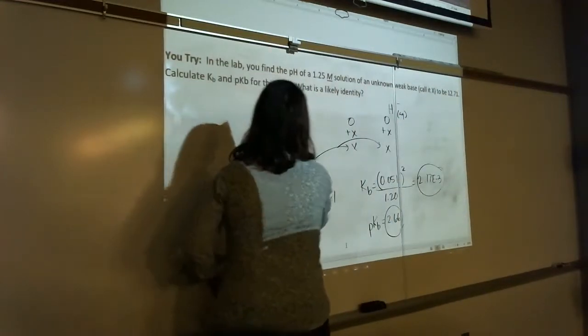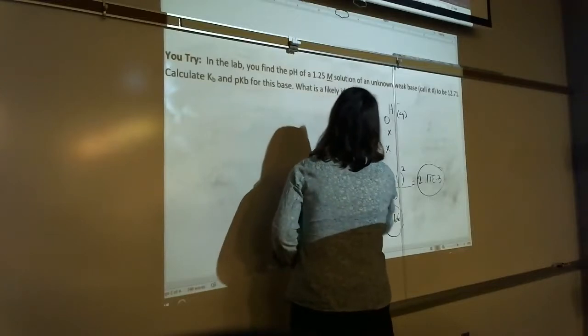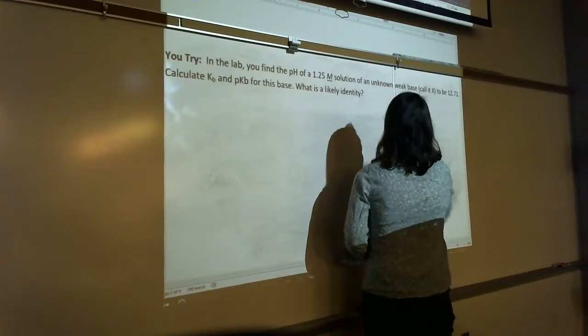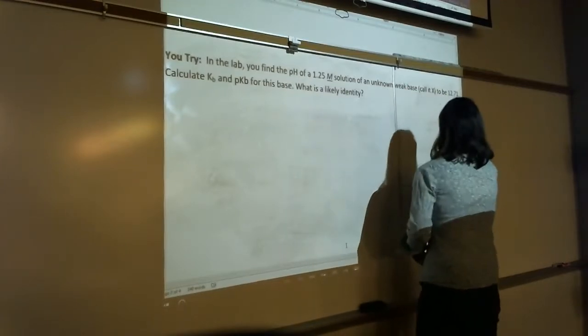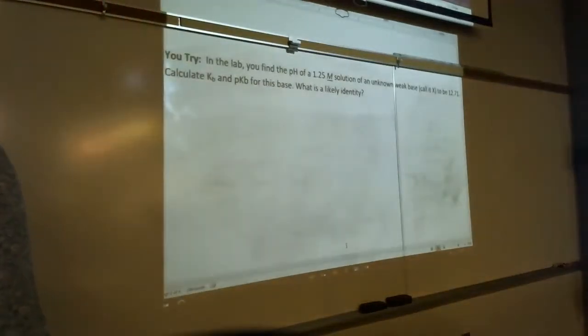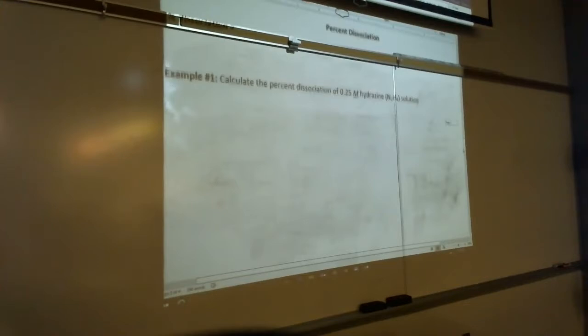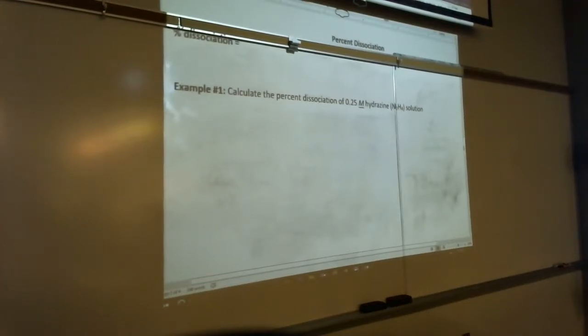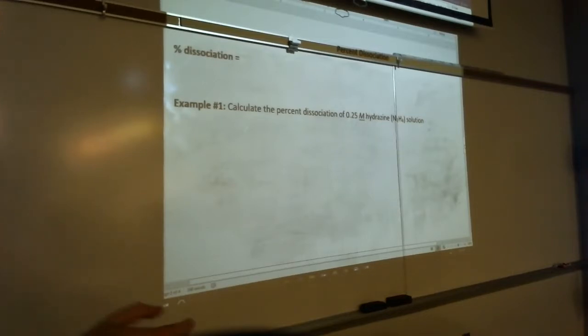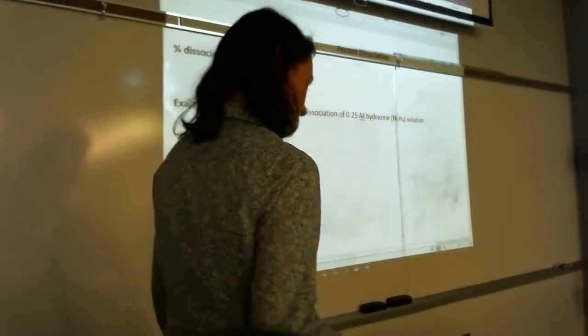All right, let's move on to percent dissociation, because if we can calculate percent dissociation for an acid, we can calculate percent dissociation for a base. Now, if it's a strong acid or a strong base, it's 100% dissociated, so you don't need to calculate percent dissociation. But if it's weak, obviously you do need to calculate this, because percent dissociation is going to be some quantity significantly less than 100.